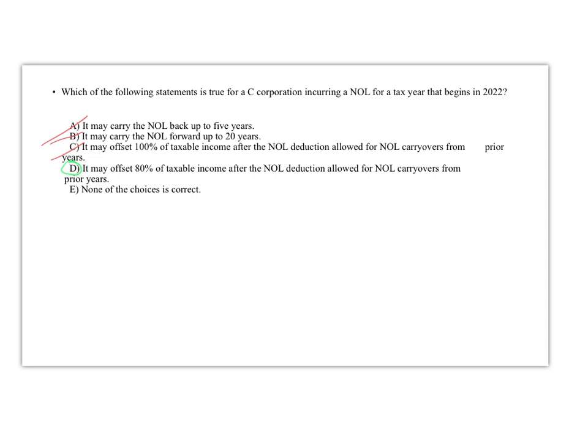Okay? So what that's saying is, even after you offset prior NOL deductions, you can only offset 80% of the taxable income, okay? So even from prior years, you're only able to offset 80% of the taxable income.